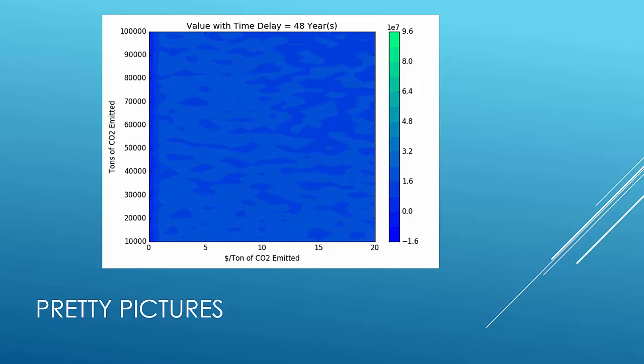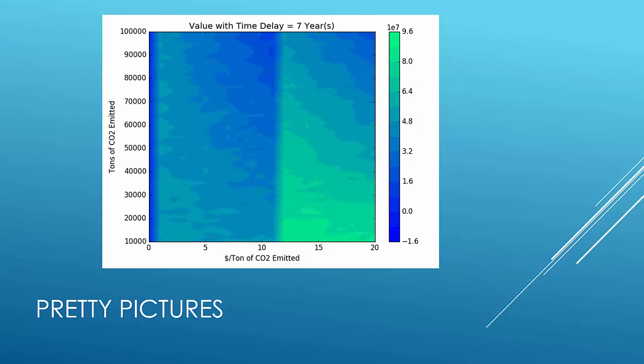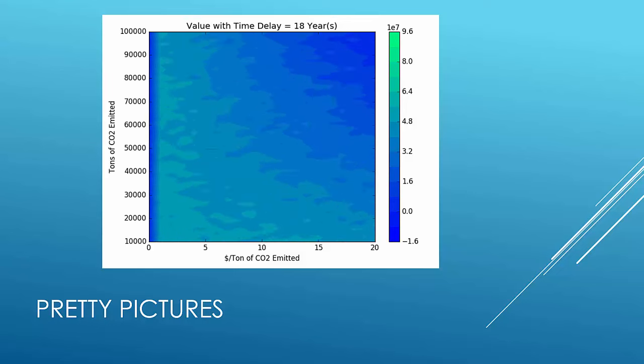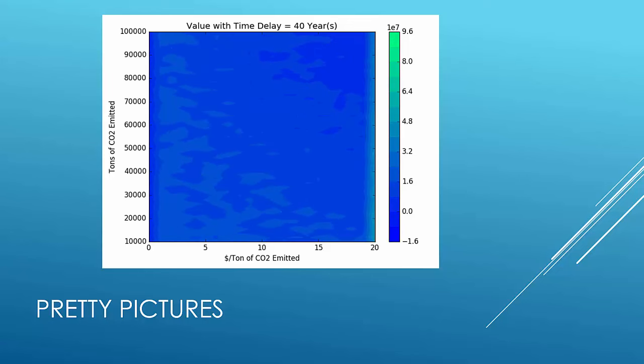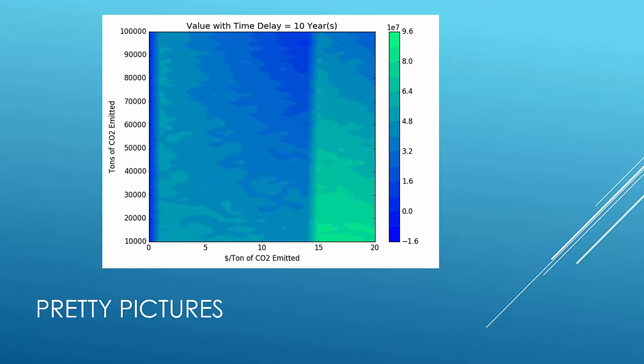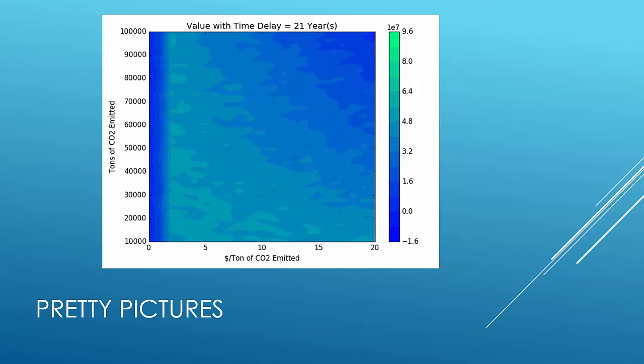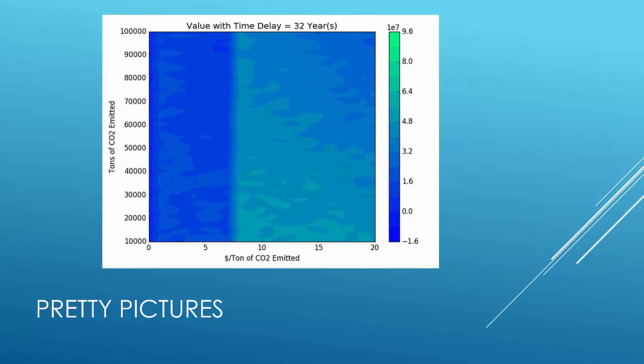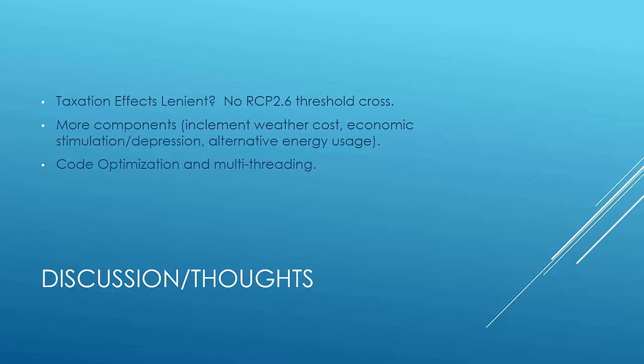You can see those walls come through. Those walls are directly correlated with the RCP values, specifically 4.0, 6.0, and 8.5. I actually never hit 2.5, which takes me into some of my thoughts I have after running this model.